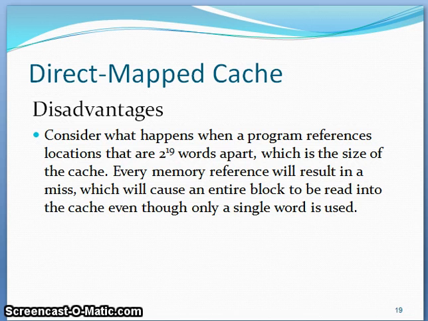Consider what happens when a program references locations that are 2 to the power 19 words apart, which is the size of the cache. Every memory reference will result in a miss, which will cause an entire block to be read into the cache even though only a single word is used.